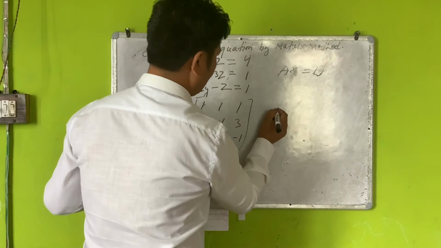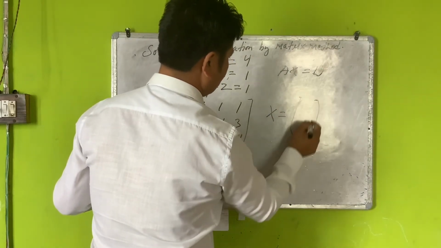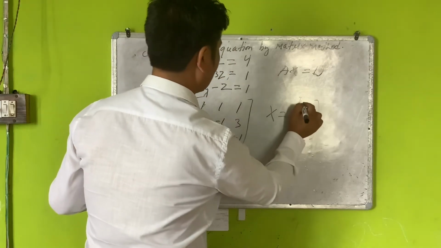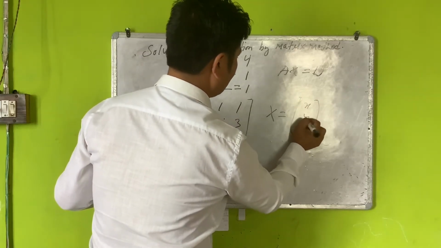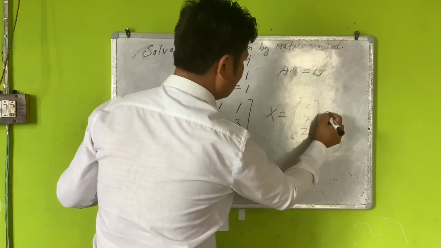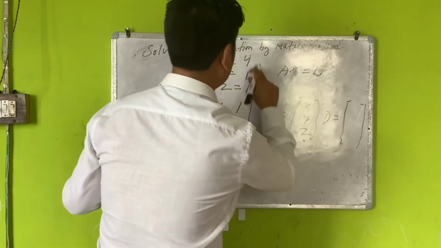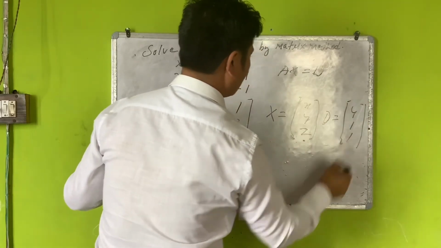Then your X is the column matrix of unknown variables, that is x, y, z. Then D is the column matrix of knowns, that is this one, 4, 1, 1.